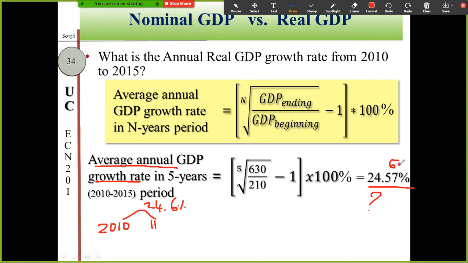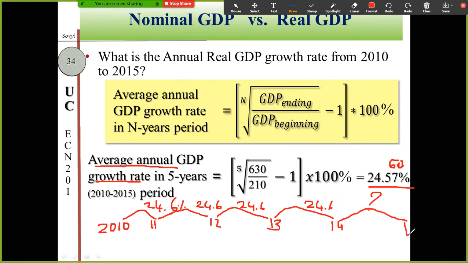From 2011 to 2012 the growth rate is 24.6. From 2012 to 2013 the growth rate is 24.6. 2013 to 2014 the growth rate is 24.6. 2014 to 2015 the growth rate is 24.6. That's why this is average annual. Average annual means average per year.